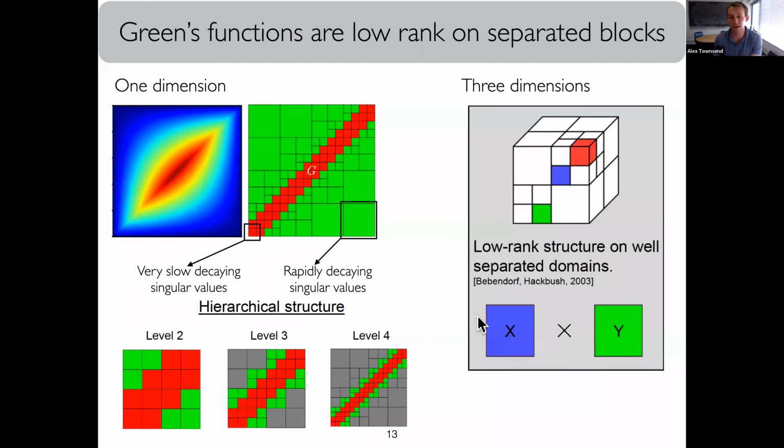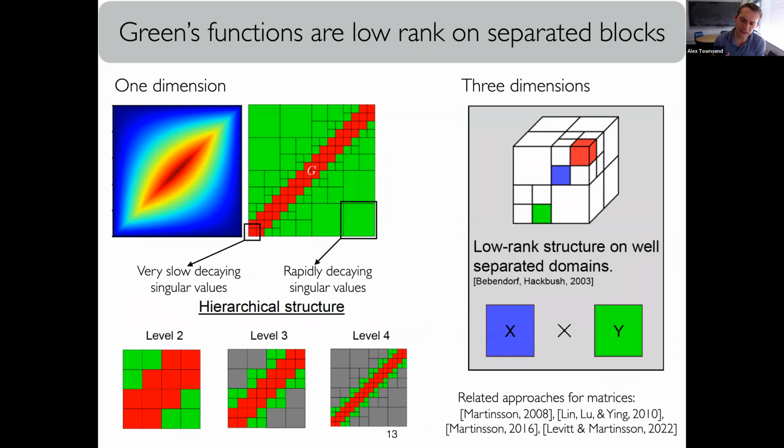And it's the same story. If you're away from the diagonal, you have low rank. So well-separated blocks have low rank interactions. Many people have used this already for recovering matrices, and we're doing it now to recover Green's functions, which are the continuous analog of hierarchical matrices.